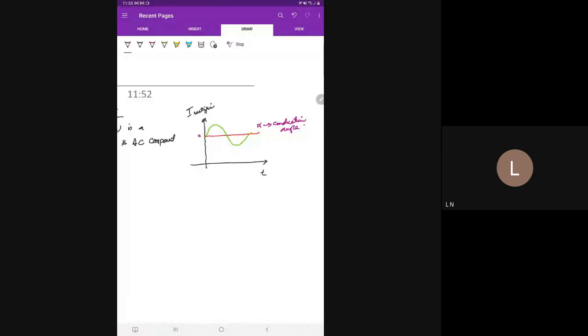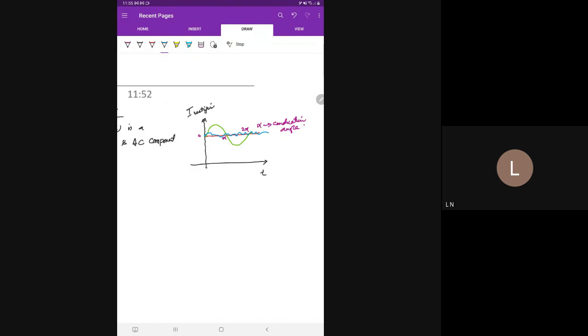So for one cycle of AC, we have this kind of output, okay? And we know that it has both AC as well as DC component. So maybe practically the output could be like this. You have ripples, smaller ripples. That is also possible.